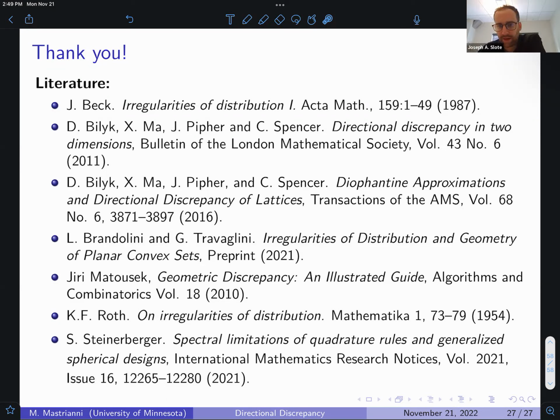Maybe this is already fully known, but have people looked at discrepancy such as this for, let's say, sublevel sets of bounded degree polynomials? I don't think so. I haven't seen anything on that, but that's an interesting thought. Coming from a complexity theory standpoint, this discrepancy thing sounds a lot like pseudo-random generators.